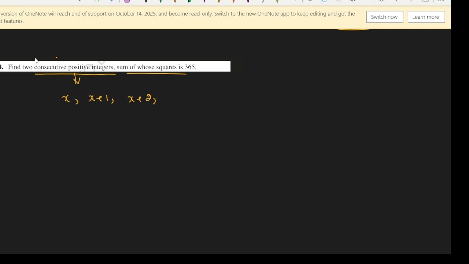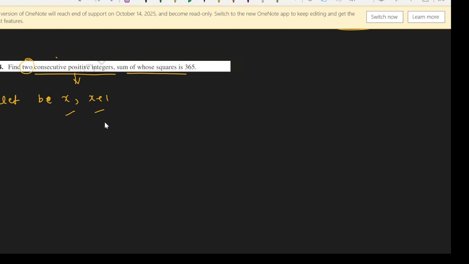And how many? Two consecutive positive integers. If they ask four consecutive integers, we have to take all these things, but they are asking only two, so take only x comma x plus 1. So let two consecutive positive integers be x comma x plus 1.